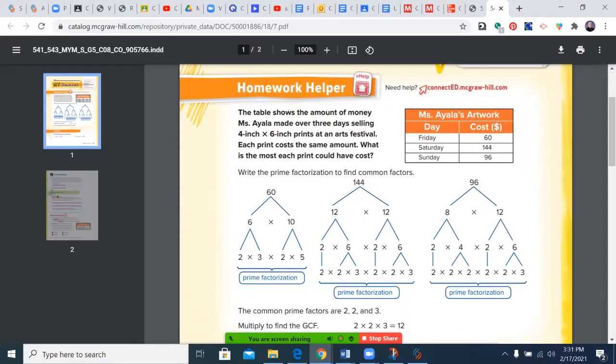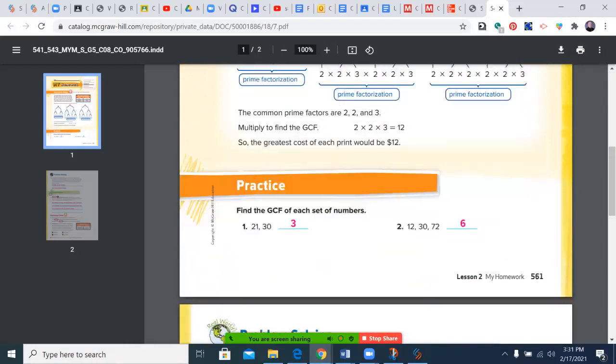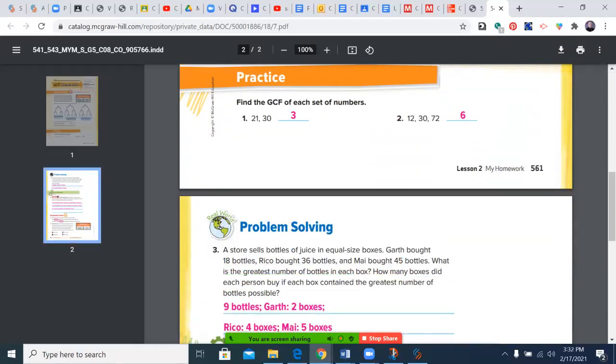By reviewing our previous session's work, the greatest common factor of 21 and 30 was 3, because 21 is 3 times 7, and 30 is 3 times 2 times 5, so 3 is the only one. And then in the case of 12, 30, and 72, it was 6.